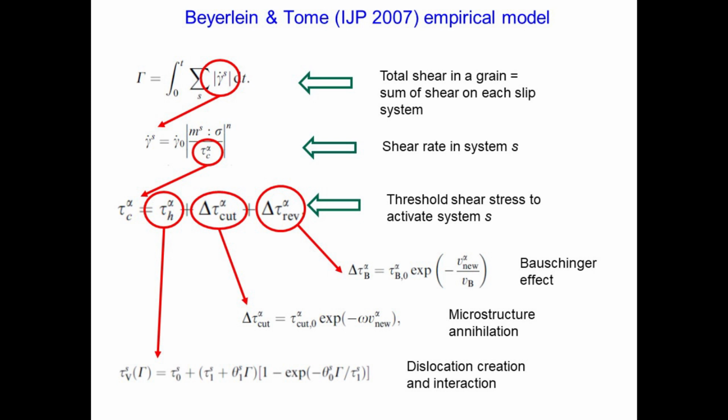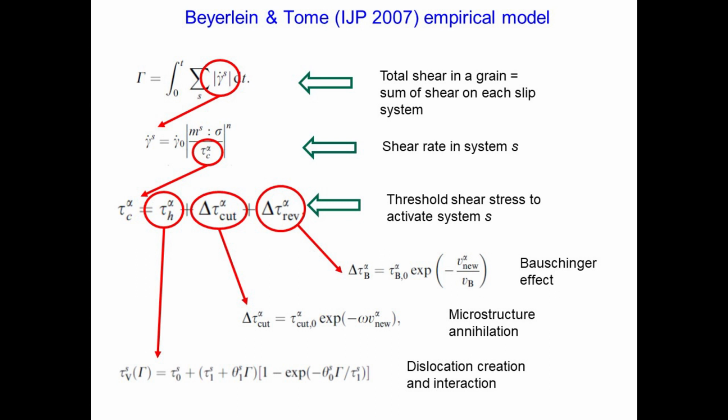And then there is the delta tau rev, which is when you deform your material, you create some reversible dislocations that are kind of held in place but can be easily reversed if you change the sense of shear on the slip plane. So we proposed a model that has those three components. They were treated in a rather empirical way. I'm not going to deal a lot with that particular model, but this one was treated using just a simple Voce law, the one that we have been seeing.